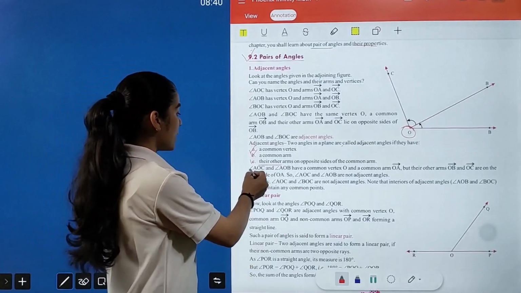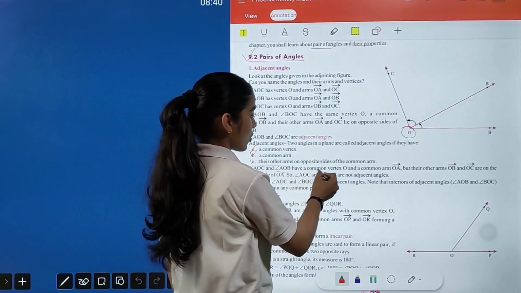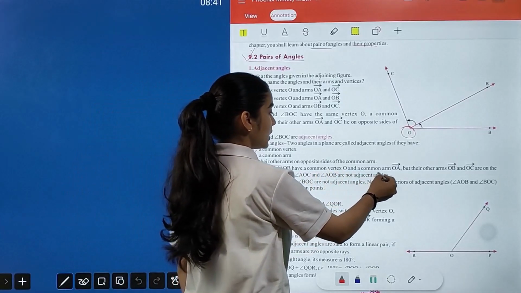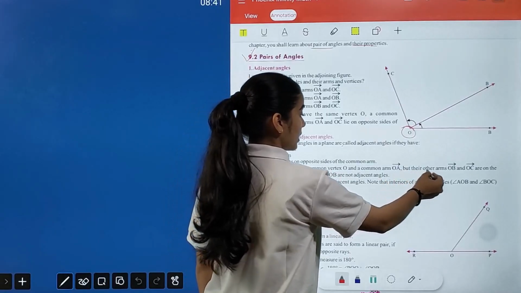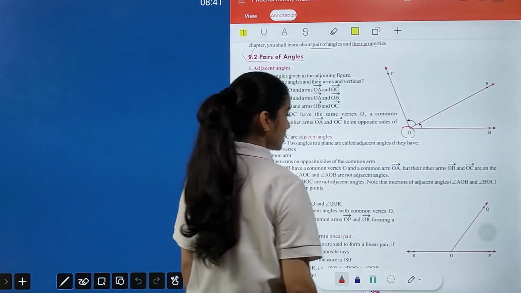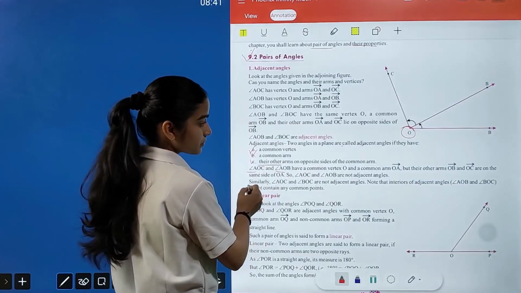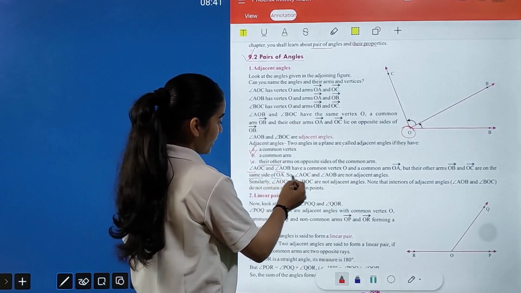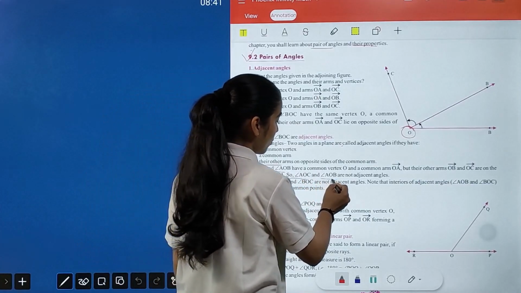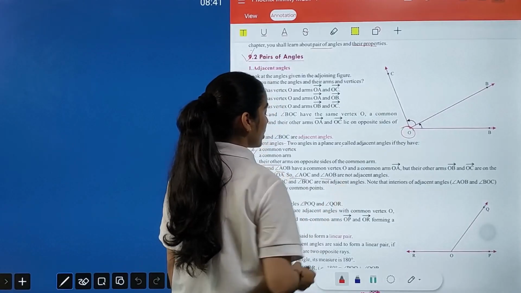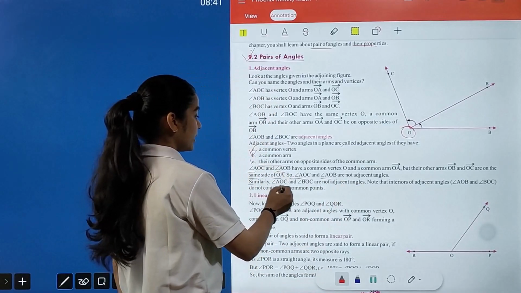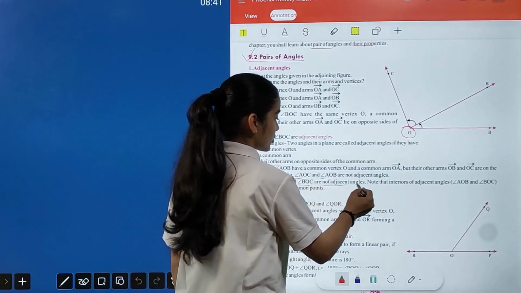Now, angle AOC and angle AOB have a common vertex O and a common arm OA, but their other arms OB and OC are on the same side of OA. So angle AOC and angle AOB are not adjacent angles. Similarly, angle AOC and angle BOC are not adjacent angles.